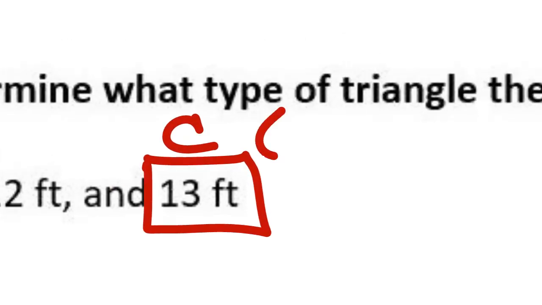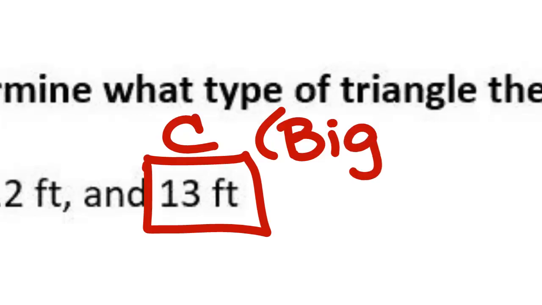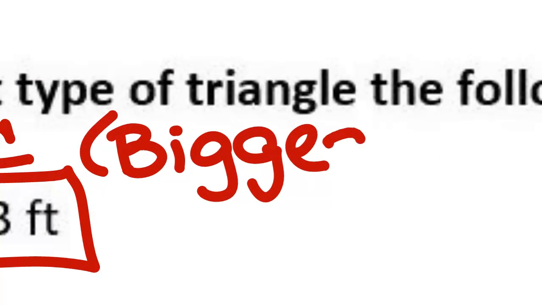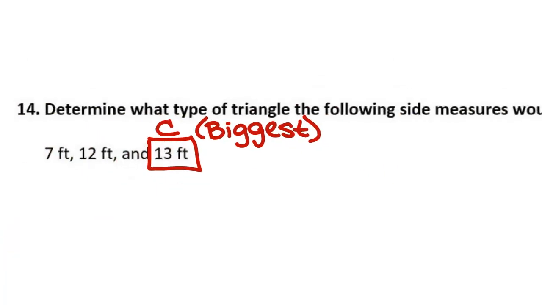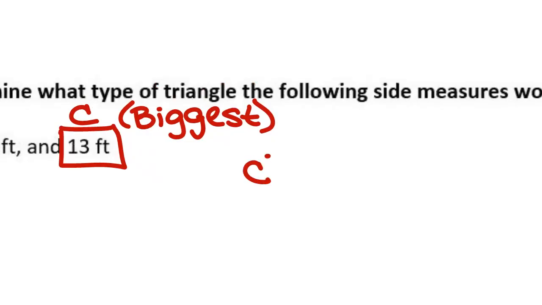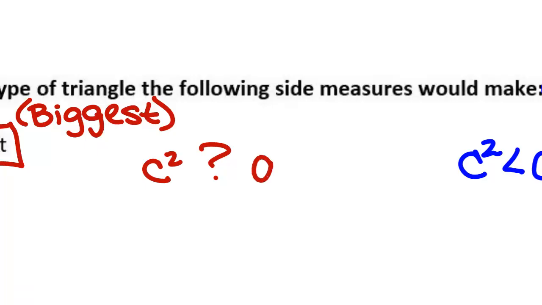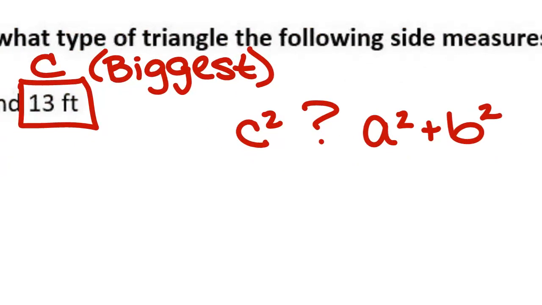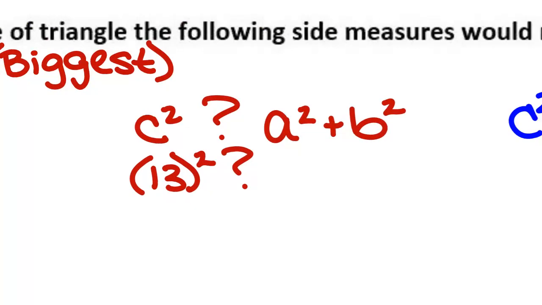Here's C because it's the biggest. All right, so c squared, and I don't know whether that is equal to, greater than, or less than a squared plus b squared. We're going to put 13 in the place of c, so I would have 13 squared. Don't know what goes here. What goes in for a and for b?